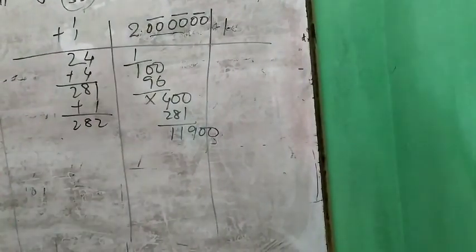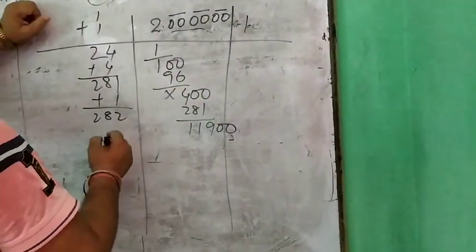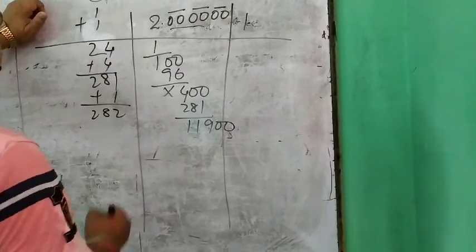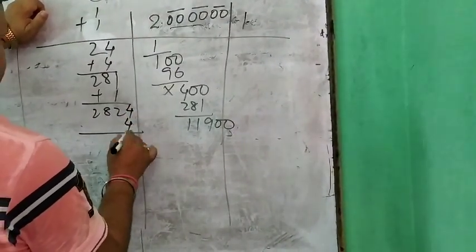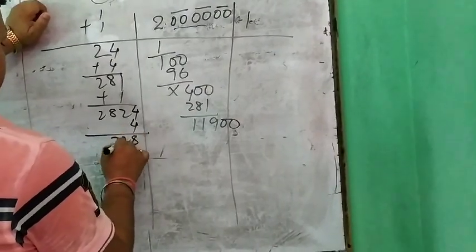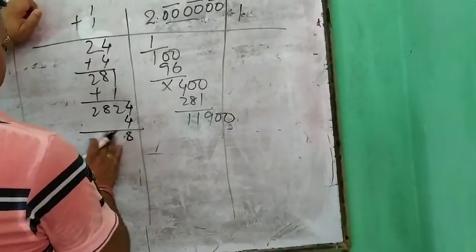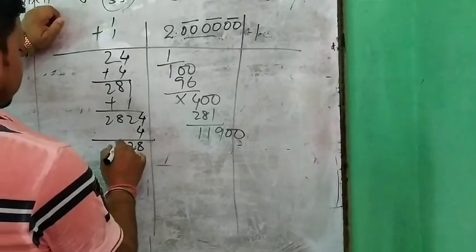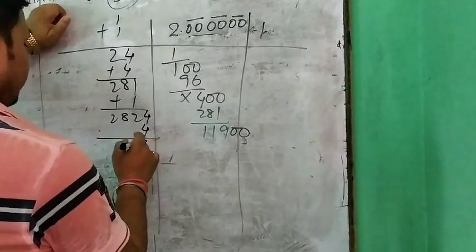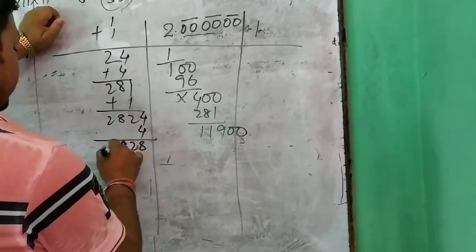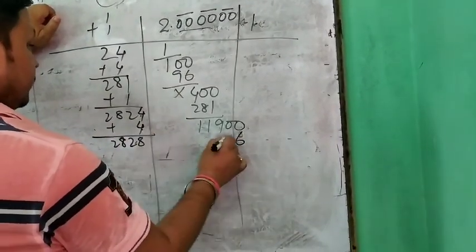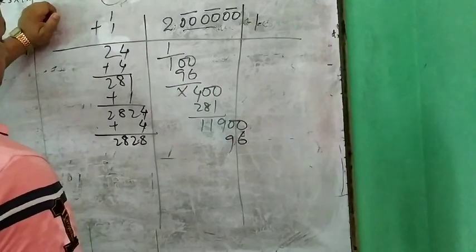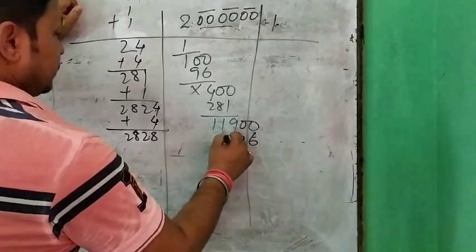So 4, 4, 8, 2, 4 4s are 16, 4 2s are 8, 9, 9, 8 4s are 32.